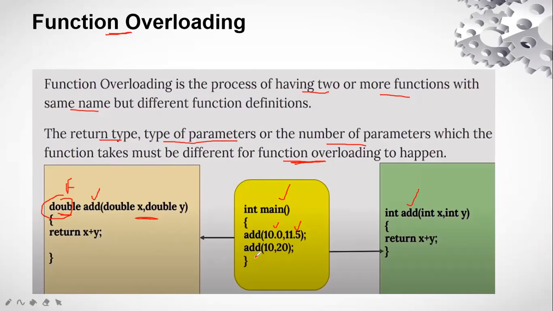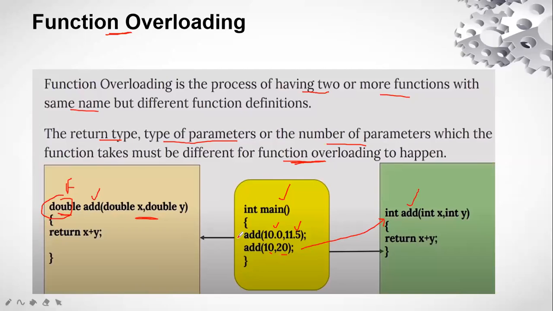And when I am writing add 10 comma 20, that means these 10 and 20 are integer values, right? So x and y here are integers, so that is why I am calling this particular function. So it is clear to the compiler which function I am calling. This is called function overloading.